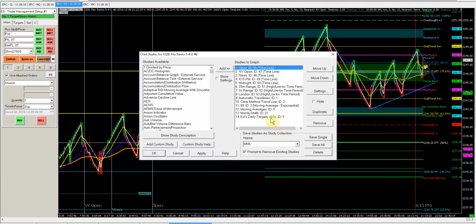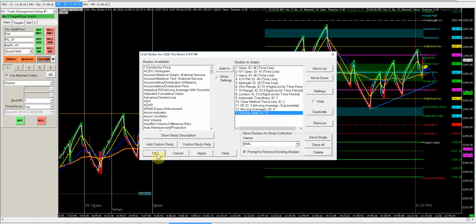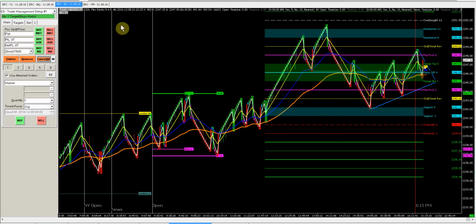So I'm looking for places where the market would turn around, where the market would hit different levels. I'm going to take that off here because I'm going to use something a little bit different that I've been experimenting with for the last several months.